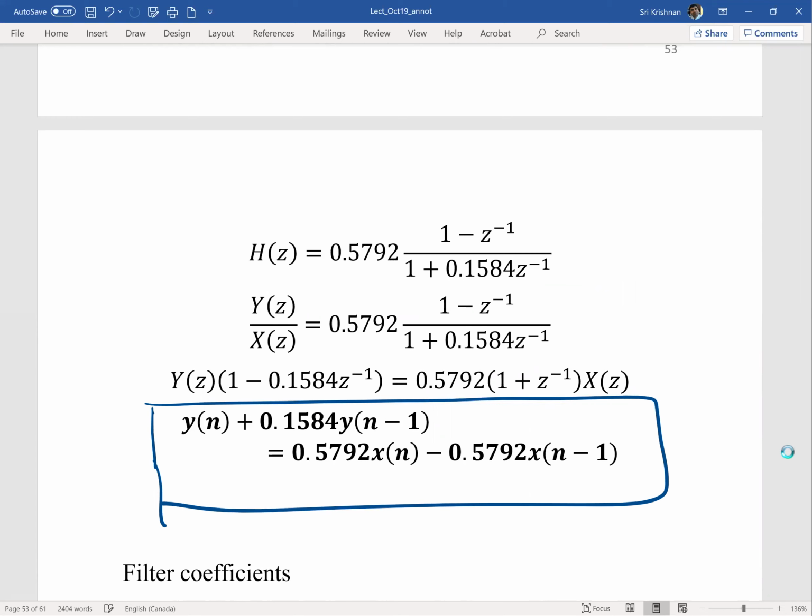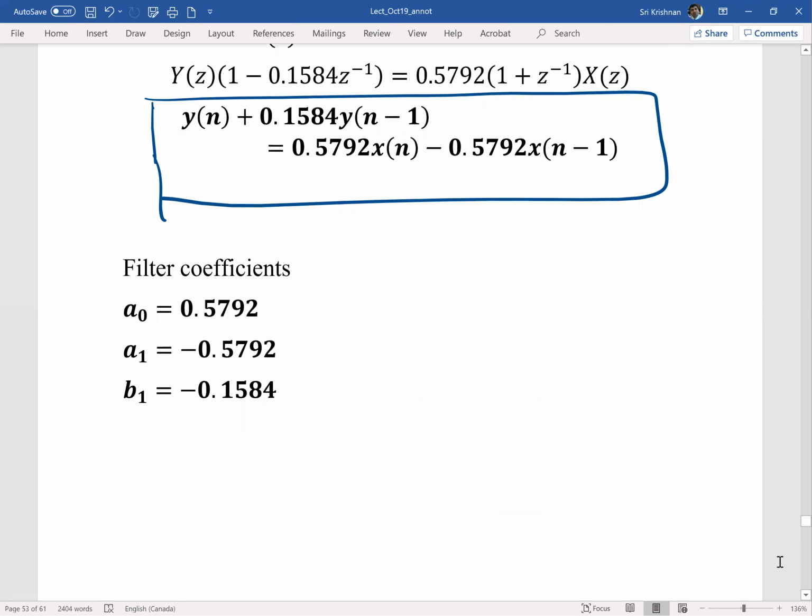So this would be the difference equation of a digital high pass filter for the given design problem, and the filter coefficients are given here. And as I said, the important things to keep in mind are the filter coefficients. The numbers are very, very important, even in terms of the sign.